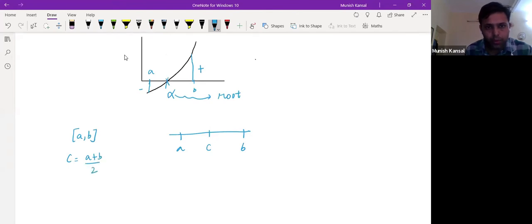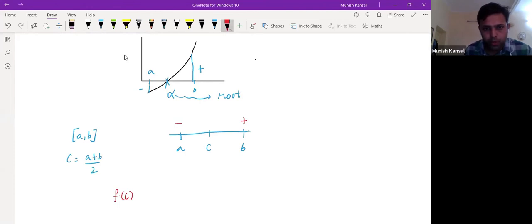Now, without loss of generality, I am assuming that the value at a is negative and the value at b is positive. You can take otherwise also. Now you take the midpoint and compute your f(c). The function is given to you, so you can easily calculate the value of f(c).